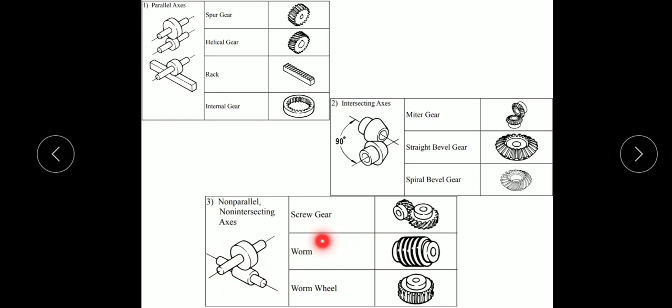This is another classification working on the same principle. Here it is a small example of a worm gear. This will be the worm, and this will be the worm wheel, and these will intersect each other. These two are used for providing non-parallel non-intersecting axis.